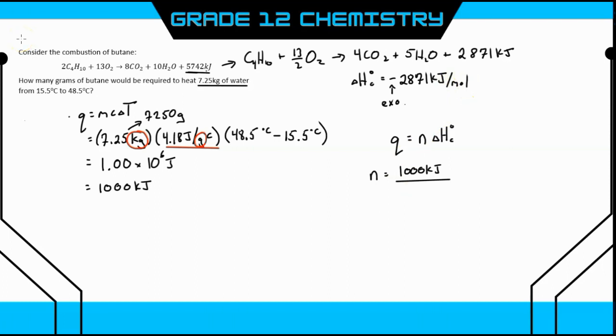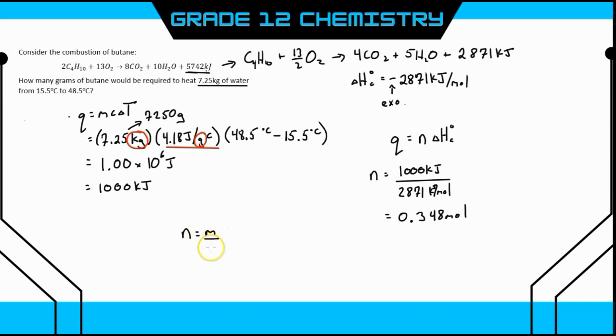I'm going to leave out the negative because we don't want to have negative moles in our answer. That doesn't make sense. So that will give us about 0.348 moles.